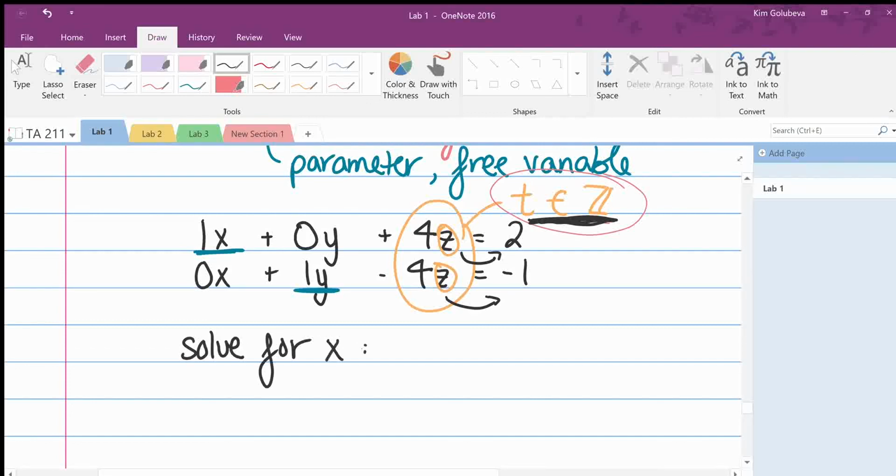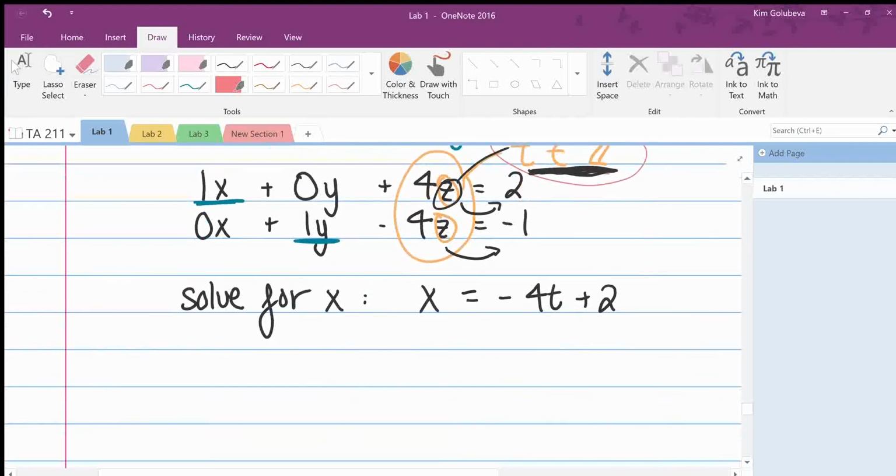Because there's 0y, we don't have to concern ourselves with it, but we're going to see that x equals -4t plus 2, because remember t is z now. So x equals -4t plus 2. Now let's do the same thing for y. Let's solve for y.